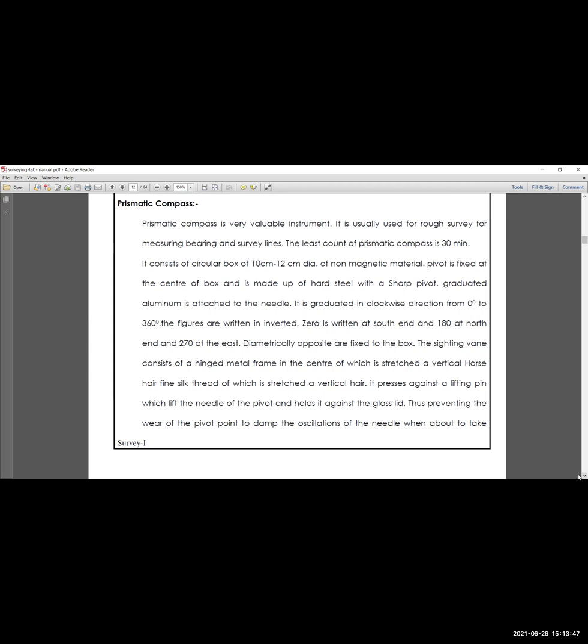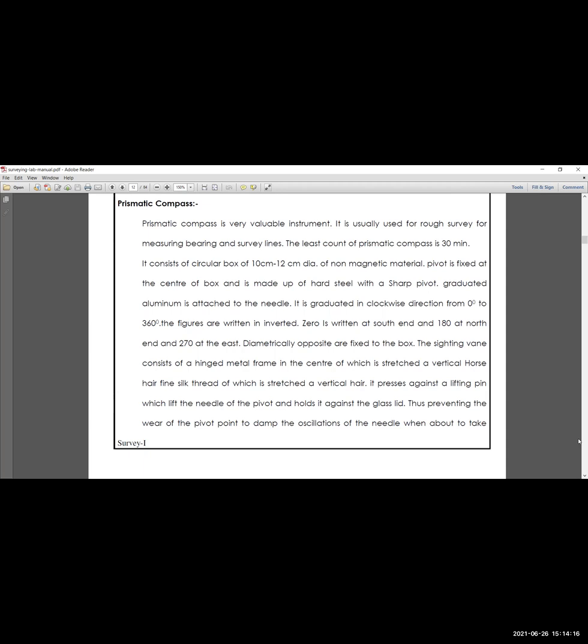The least count of the prismatic compass is 30 minutes. This point is important: it consists of a circular box of 10 to 12 centimeter diameter of non-magnetic material. So the material should be non-magnetic. The needle is fixed at the center of the box and is made up of hard steel with a sharp pivot.